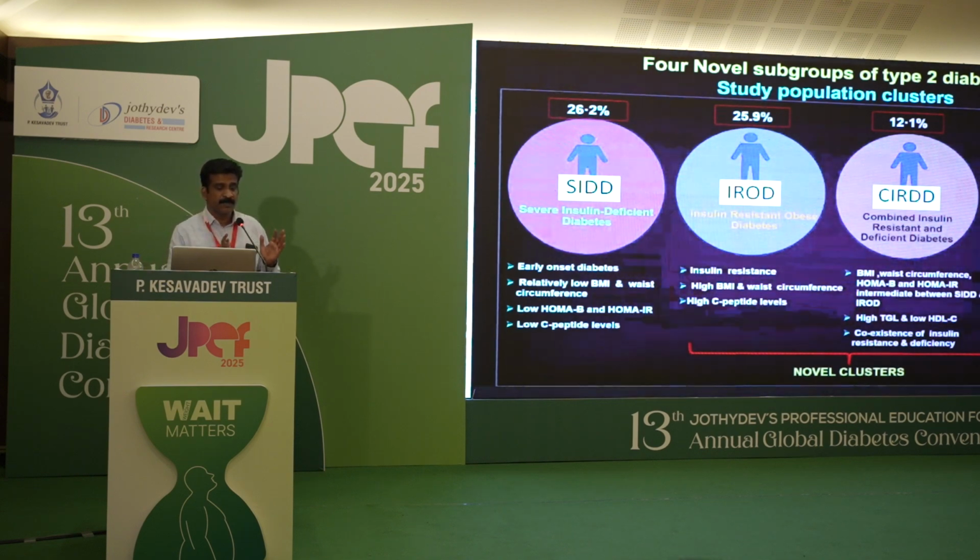The first is similar to severe insulin deficiency, and the last is age-related diabetes. Both were similar to the clusters seen in the Sweden study. But the 2 middle clusters, the insulin resistant obese diabetes and the combined insulin resistance and deficiency diabetes, were novel and not seen in the Sweden study.